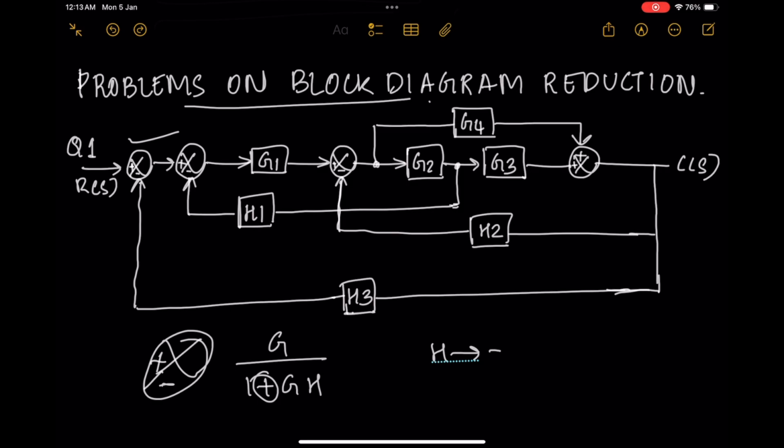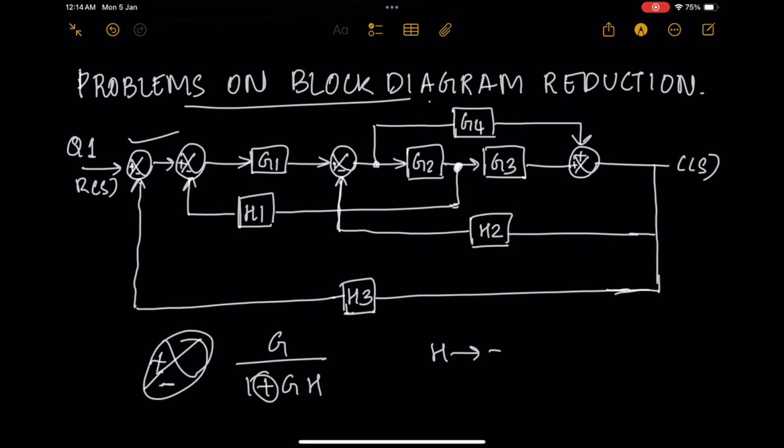So first of all, I'm going to check whether there is a proper parallel path or not. Once I take a look at this, there are these two branches, but are they actually parallel? They're actually not parallel right now. They would become parallel if this takeoff point is not present here.